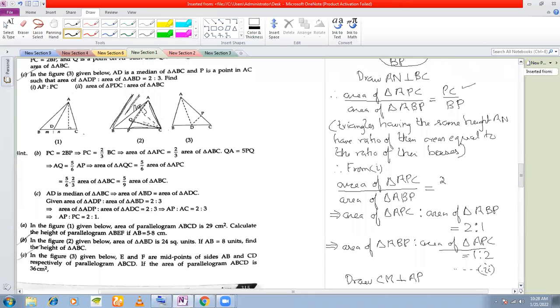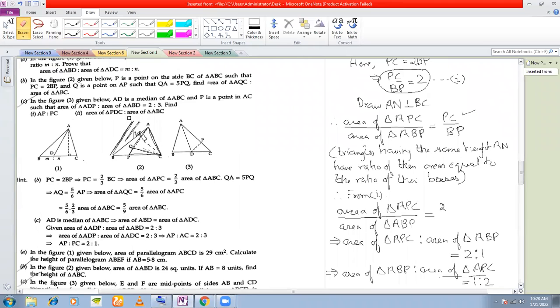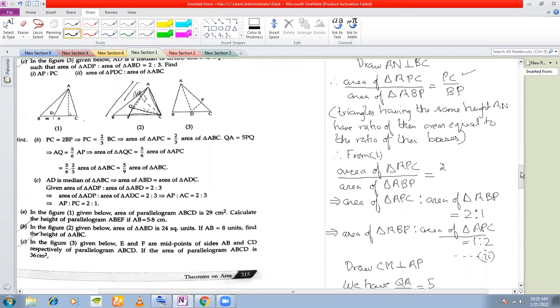Why did I find out AP by PQ? I found out AP by PQ because I knew that AP was the base of triangle APC and AQ was the base of triangle AQC, right? That is why I found out the ratio of both. So now, considering CM as the height, what can I write as the ratio of the areas?